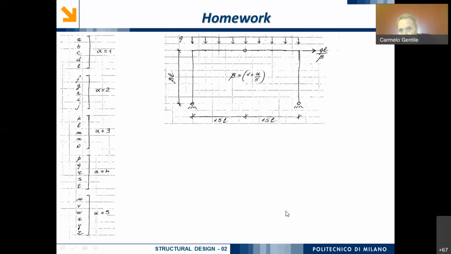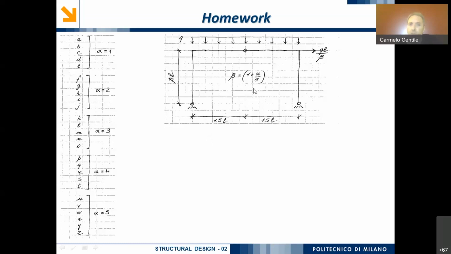Now I would like to share the video on the screen again, because I would like to finish this part of the lecture with a homework. I introduced just very few comments on this homework because I have already sent you those slides. So you have the slides, and so you have the homework. This is a very simple structure, which is a statically determinate structure.